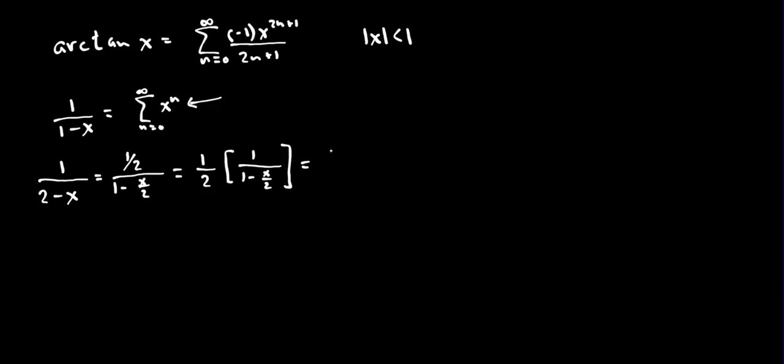So why don't I just write this as 1/2 and then do the summation, and instead of x, I'm going to put x over 2. There. So 1 over 2 minus x is equal to this thing, provided, now we have to remember, the absolute value of x over 2 is less than 1. So that means that the absolute value of x is less than 2. Just multiplying by 2 there. So that will give us our interval of convergence.